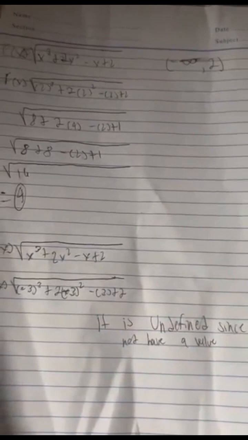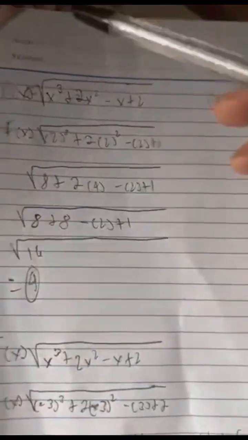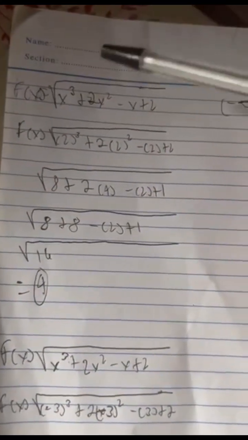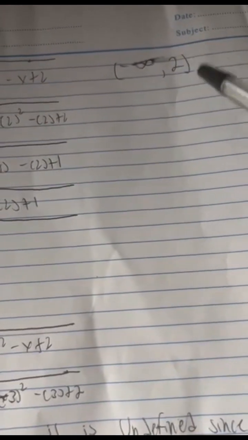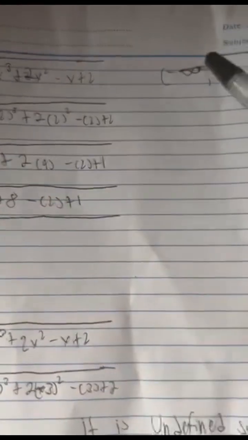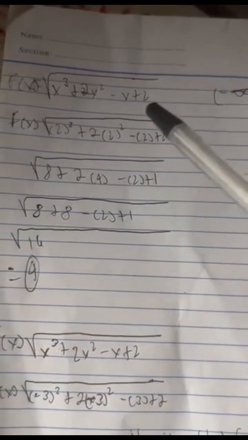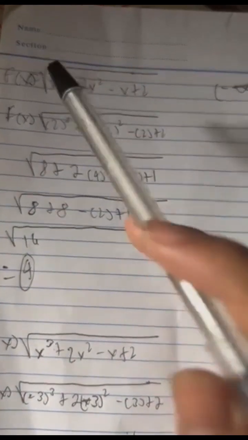Hello, my name is Caleb Merledes and I'm here to do number 7 that I was assigned to. Our interval is negative infinity and 2. And our function is f of x equals the square root of x cubed plus 2x squared minus x plus 2. Since our interval is negative infinity and 2, first we're going to substitute x with 2.